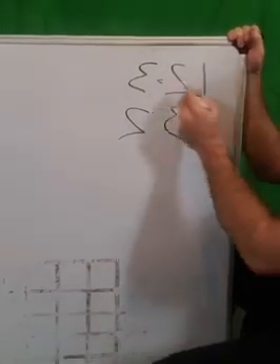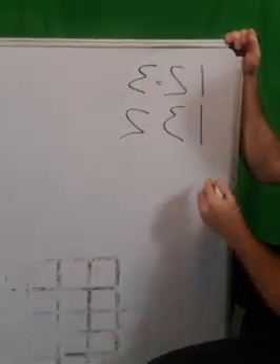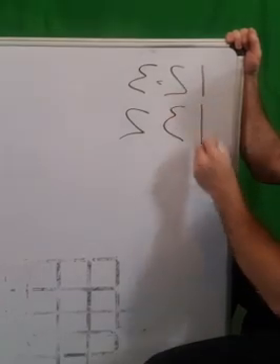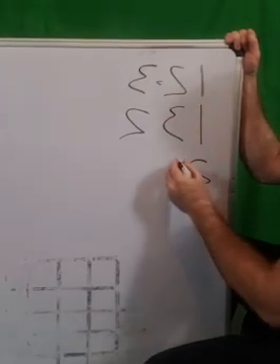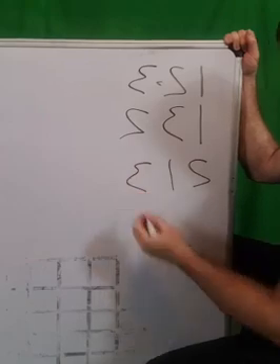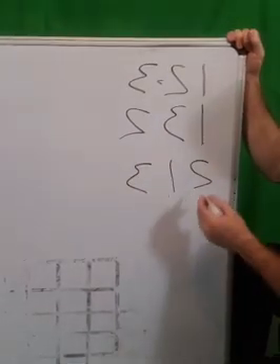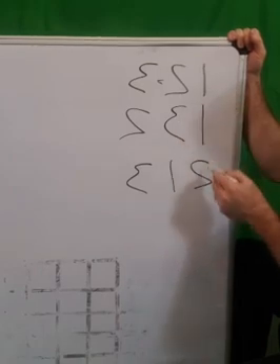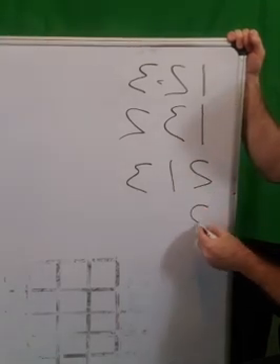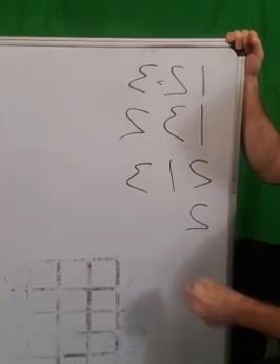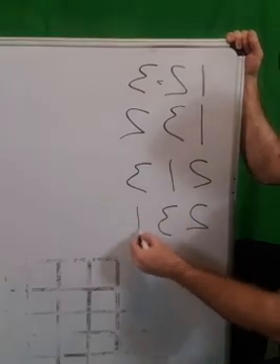So, 1, 2, 3, 1, 3, 2. So now the next number in the sequence is 2, 1, 3. So 1, 1, 2, 2, 3, 1.